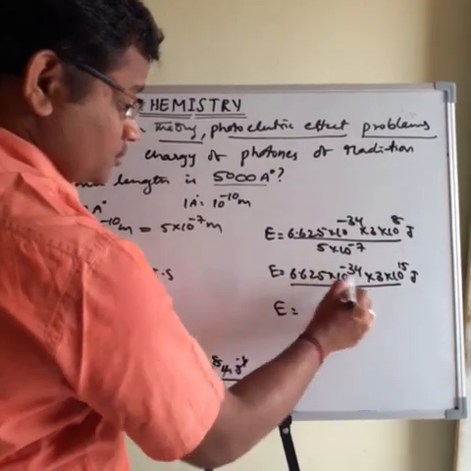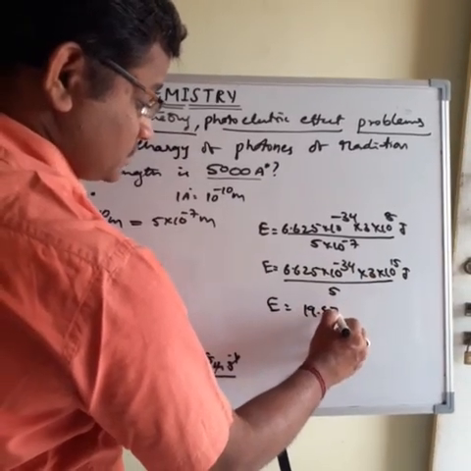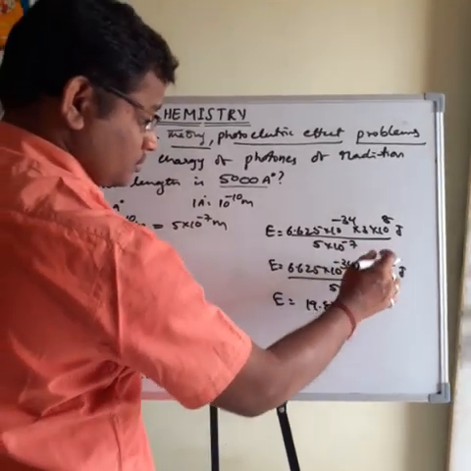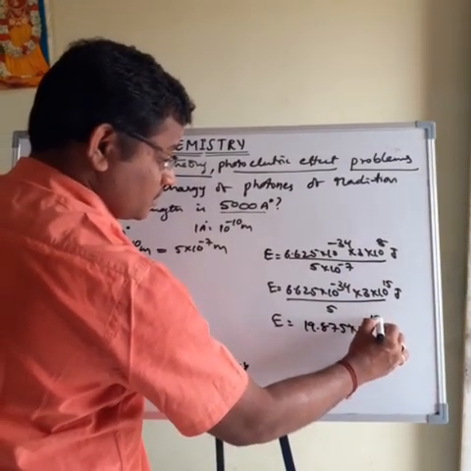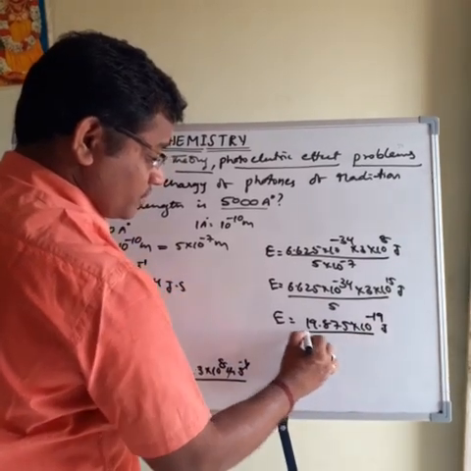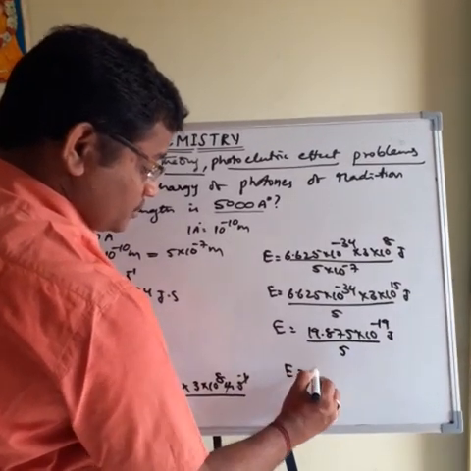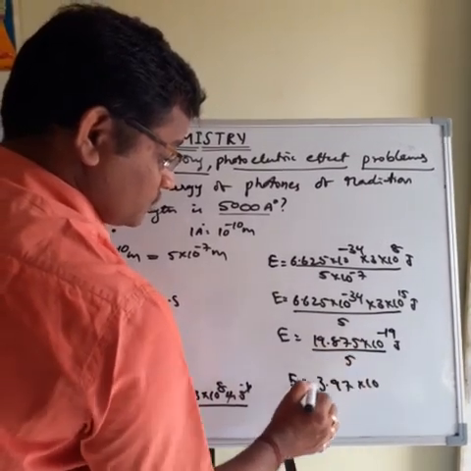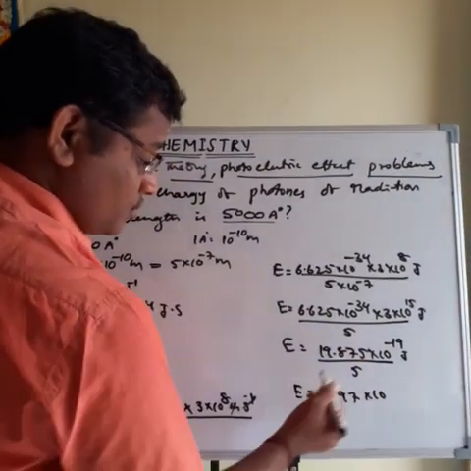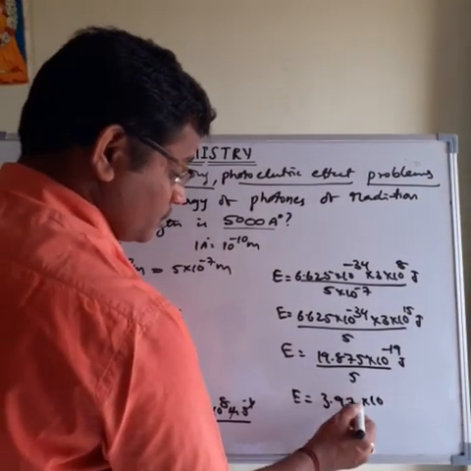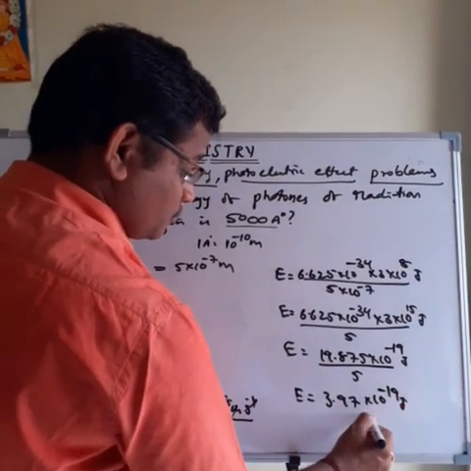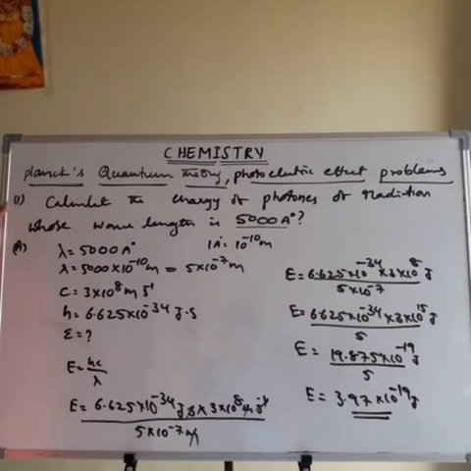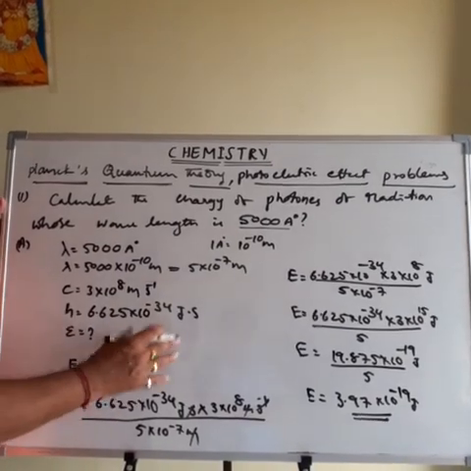Therefore E is equal to 6.625 into 3, which is 19.875, into 10 power minus 19 joule divided by 5. Therefore E is equal to 3.97 into 10 power minus 19 joule. So this is the energy of the photon of radiation whose wavelength is 5000 angstrom. So this is about the problem.